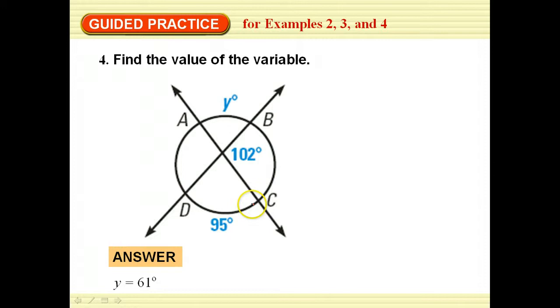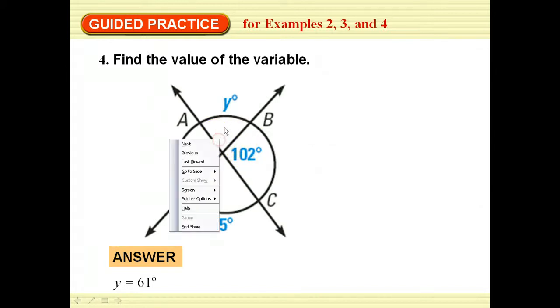I know that this much is 95. I've got that this is 102. So this is a linear pair between these two. So that means that this one is 78 degrees, right?